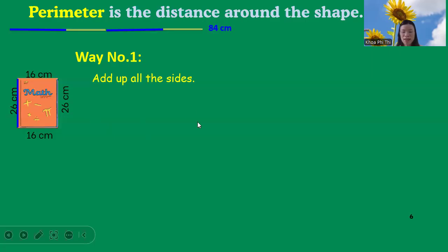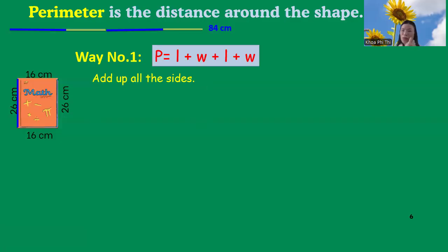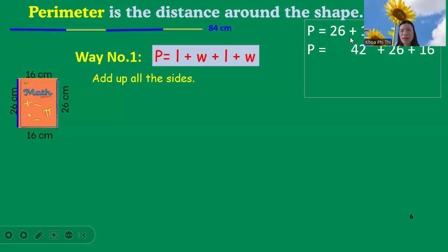Let me write the formula here. Perimeter equals length plus width plus length plus width. Now from the formula, to calculate the perimeter of the rectangle book, perimeter equals 26 plus 16 plus 26 plus 16. 26 plus 16 equals 42. 42 plus 26 equals 68.